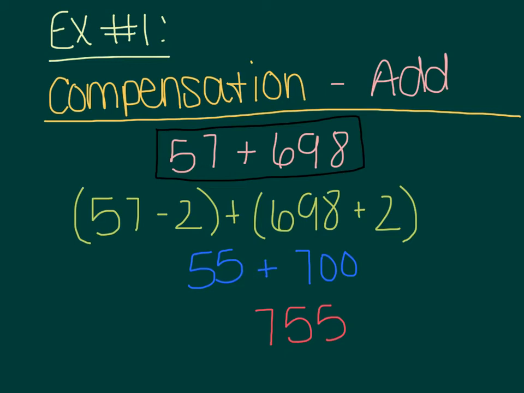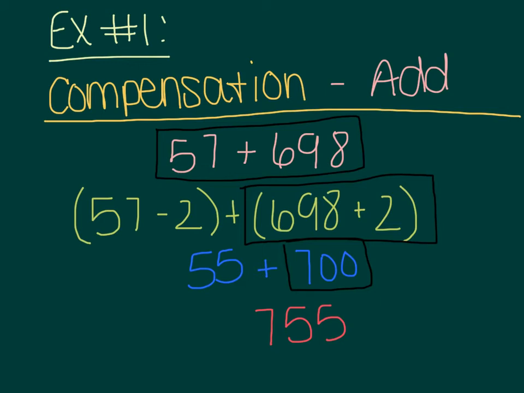So to make this easy, what we're going to do is take 698 and add 2. Because now that becomes 700. And 700 is a lot easier to add than 698 because it has the 2 zeros. It's going to just be very quick to do in our head.